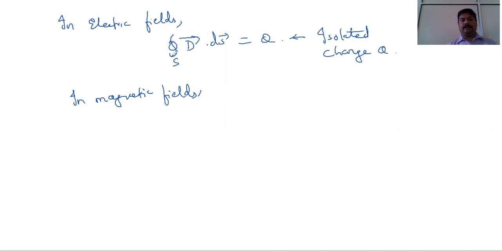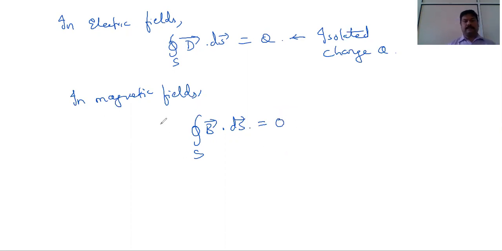So in magnetic fields, an equivalent equation of Gauss law is taken: integral B dot ds is taken, but because there is no isolated north pole or south pole, this is equated to 0.